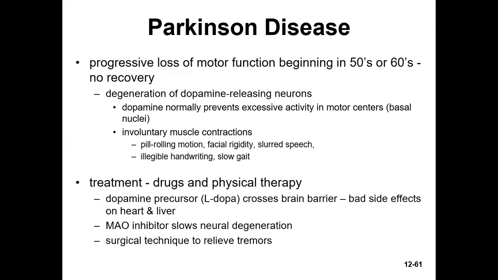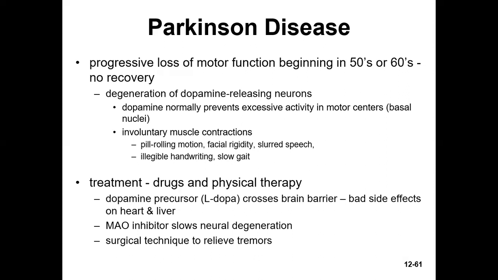Handwriting becomes illegible, and the gait slows down, and they might shuffle. I want to say that this isn't on this slide, but I really do think there's a higher propensity for this to happen in males more than females.